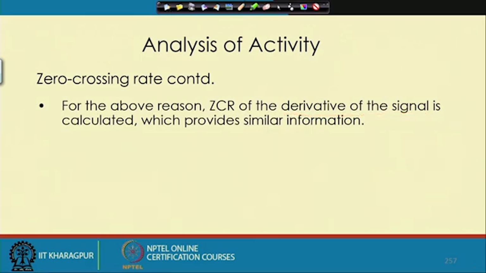So the zero crossing rate does not change for a single sinusoid. That gives the rationale for why we can take the derivative of the signal to compute the zero crossing rate, and still get something which is useful.